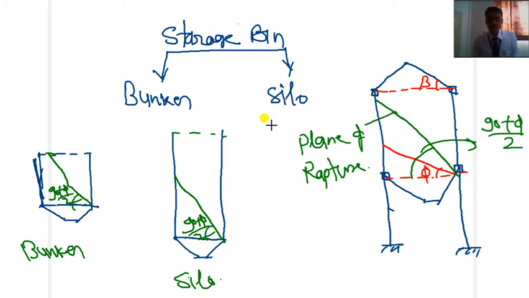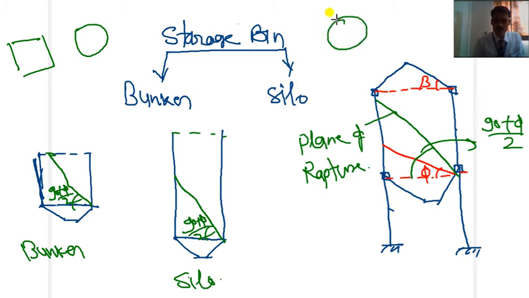If we talk about the differences in detail, the first one is height, second one is plane of rupture, and third one is shape. The bunker may be constructed in either rectangular or circular cross section, but silos are generally constructed with circular cross section most of the time. Regarding material, a bunker may be constructed with RCC or steel, both are suitable.